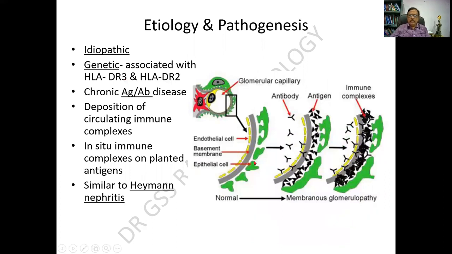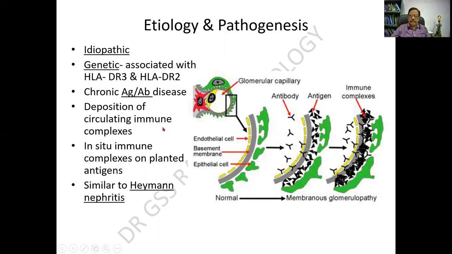What are the common causes for it? The most common is supposed to be idiopathic, that is, we do not know the cause. But it can be genetic and it is associated with either HLA-DR3 or HLA-DR2. And some chronic antigen antibody disease can also predispose to membranous glomerulonephritis.